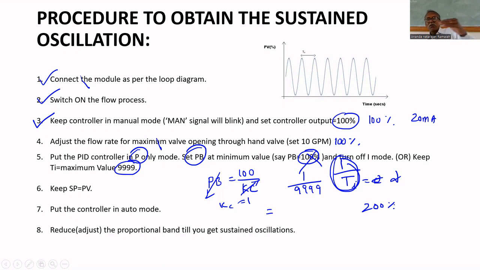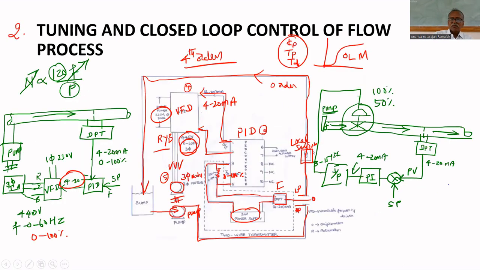So you are moving the pole towards the J omega axis. At one point, it will exhibit sustained oscillation. How to see the oscillation here?